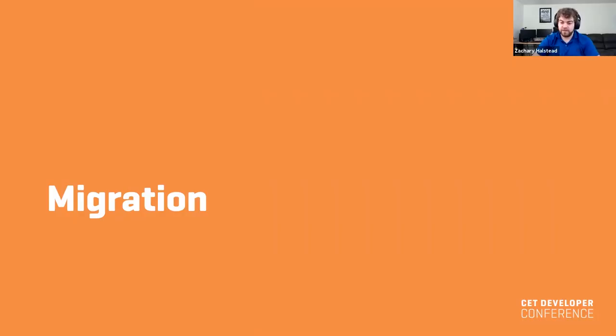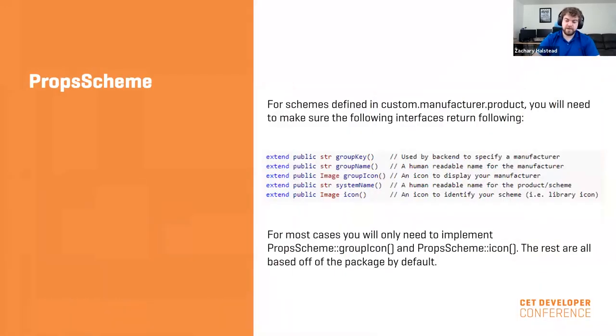Onto the actual migration. So first up, for the prop scheme itself, so for any scheme that is defined in a custom manufacturer product, you'll need to potentially override the following methods: group key, group name, group icon, system name, and icon.